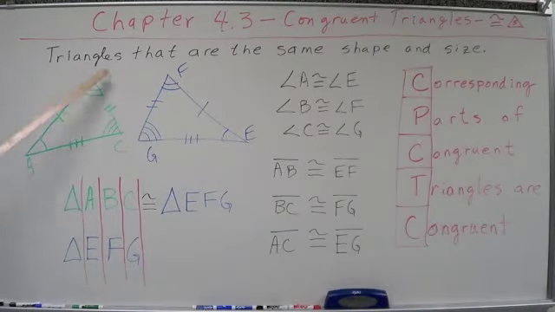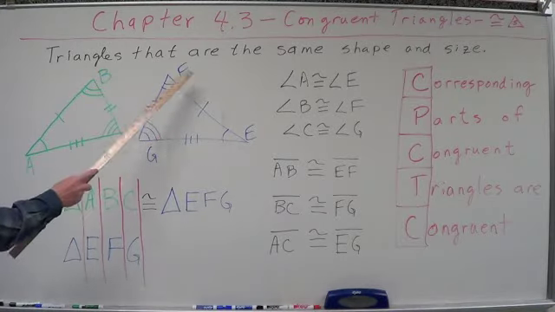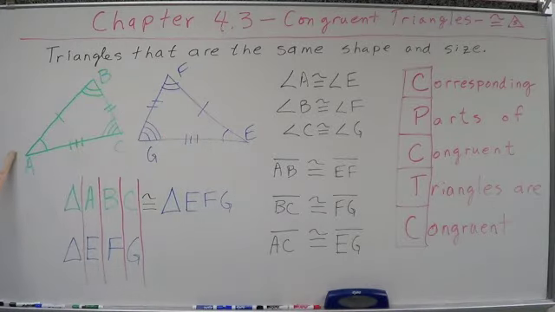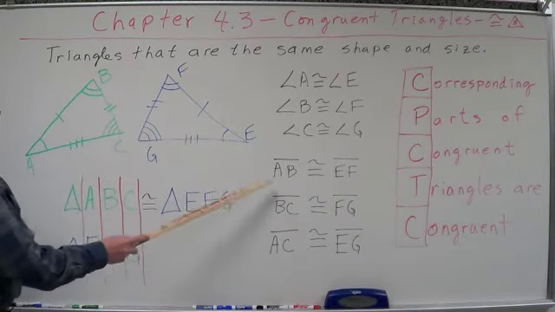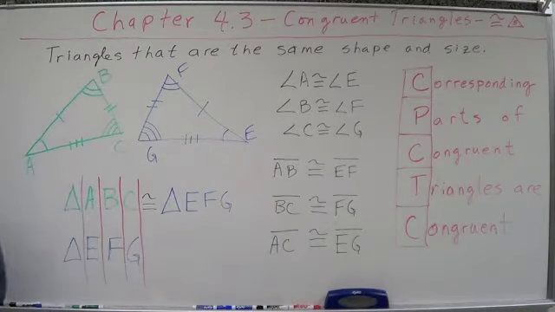So we've got here drawn two triangles, triangle ABC, triangle EFG. Got a lot of lines on them, but notice that segment AB has a mark there. Segment EF has that same mark saying, oh wow, segment AB is congruent to segment EF. And we've got that noted right there.